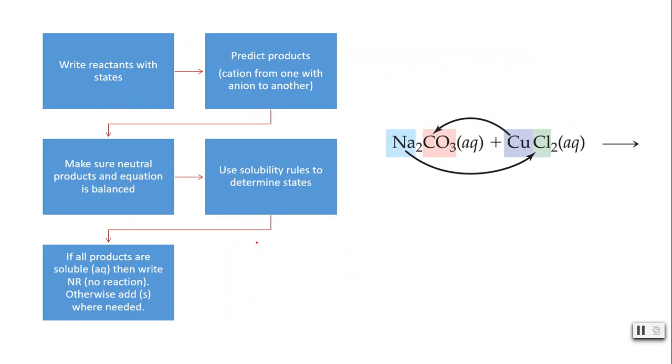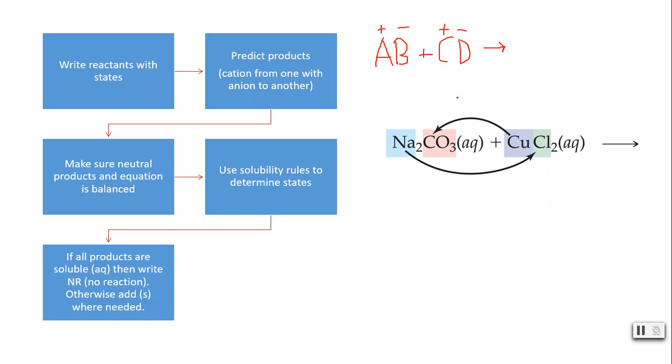So we did this example in class before break, but I'd like to go over it again just to review some concepts of how to predict double displacement reactions. So if you remember, in double displacement reactions, you have two ionic compounds. In this case, we're going to have them be AB and CD, where the first is the cation or the positive charge, and the second is the anion or the negative charge.